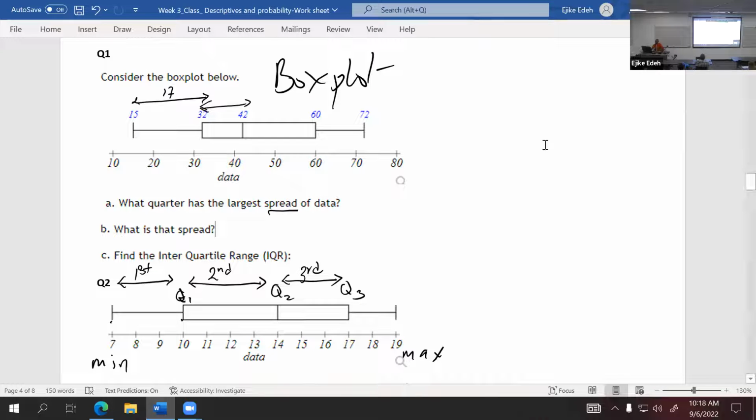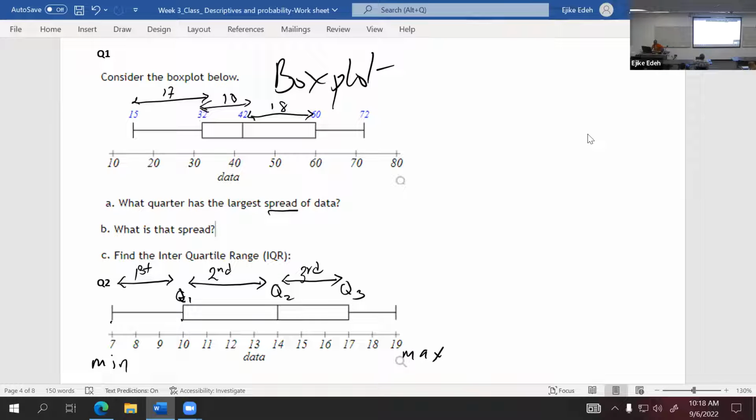So the second quartile will be between 32 and 42. If we subtract that, it's obviously 10, isn't it? And the third quarter will be between 42 and 60. Subtract that: 60 minus 42. 18. Okay. Somehow we don't talk about the fourth quartile, right?